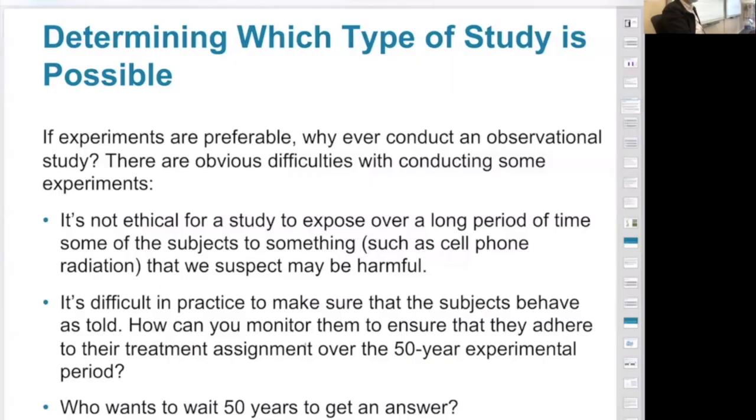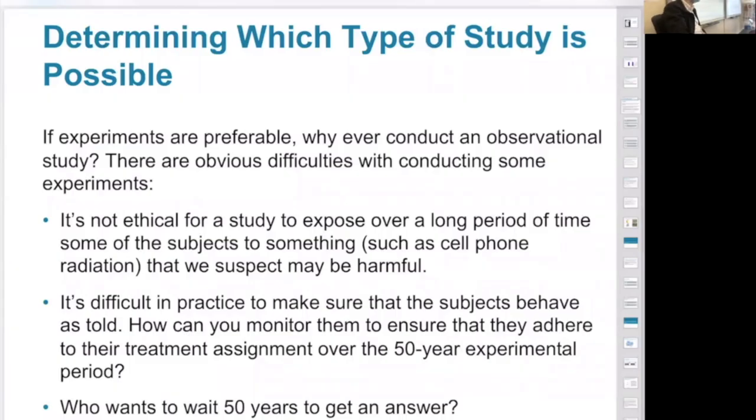How can you monitor them to ensure that they adhere to their treatment assignments over a 50-year experimental period? So of course, this is something impossible to do, right? The researcher may die before he can finish his experiment, right? So this is sometimes something impossible to do.